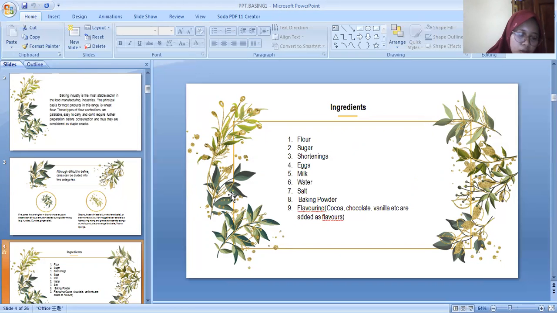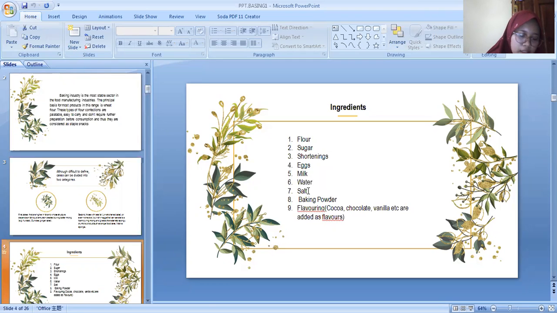Eggs and flour form the necessary framework to support the cake structure. 5, milk. Milk adds richness and structure to the cake. 6, water. Formation of gluten, release of CO2 gas from baking powder, and formation of vapor pressure are made possible by the presence of water.